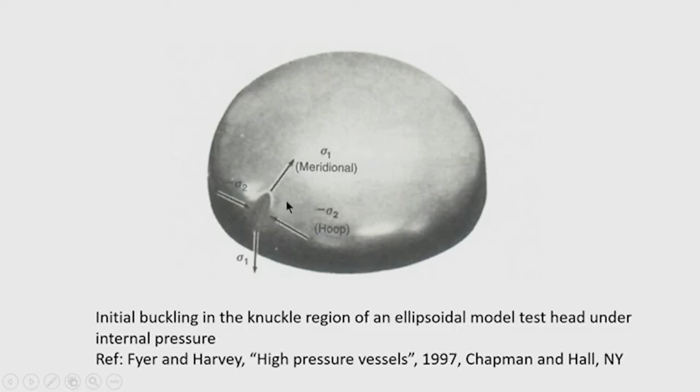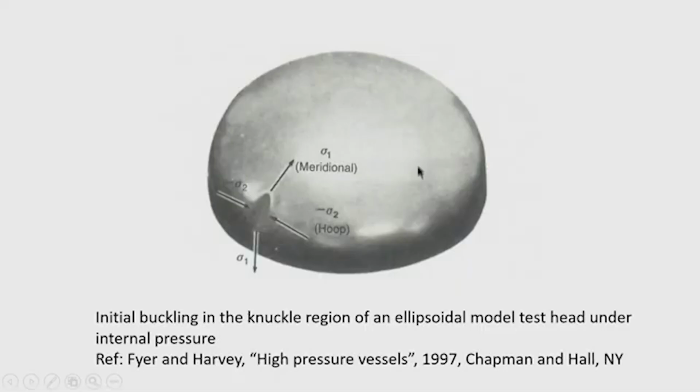Compressive stresses are developed in the circumferential direction when a by b ratio is greater than root 2. So, this test picture is taken from a book written by Fyfe and Harvey on high pressure vessels. So, initial buckling is observed here in this knuckle region of the head closure.